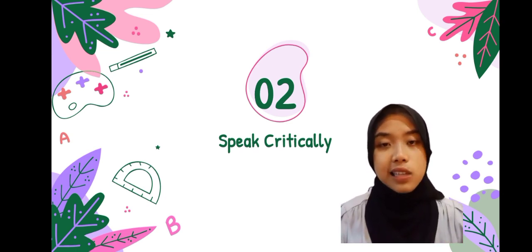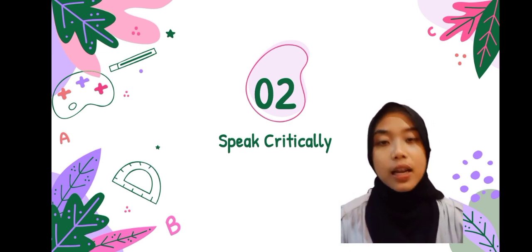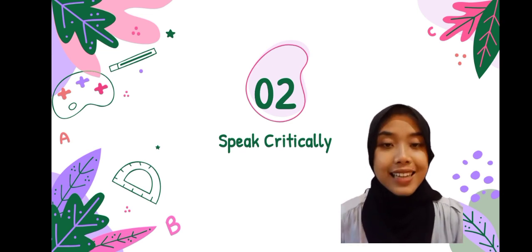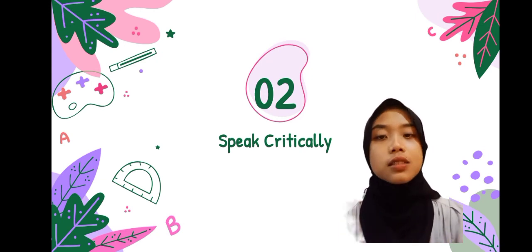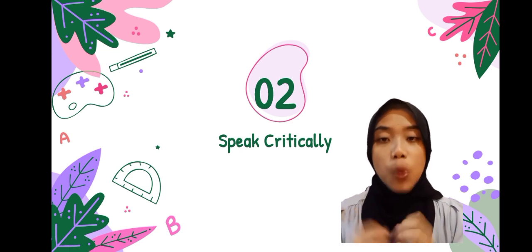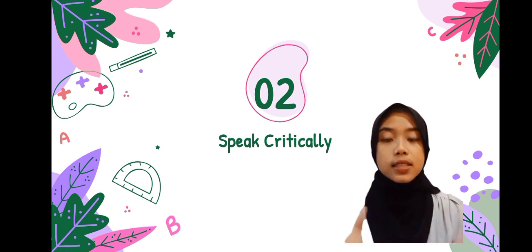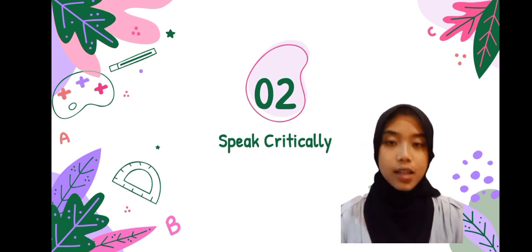So, if the child speaks and improvises and his statement is still in accordance with the topic, that can also be said to be true critical speaking. And vice versa, if the child's statement is not in accordance with the topic heard and discussed, then that is wrong and does not include listening and speaking critically.